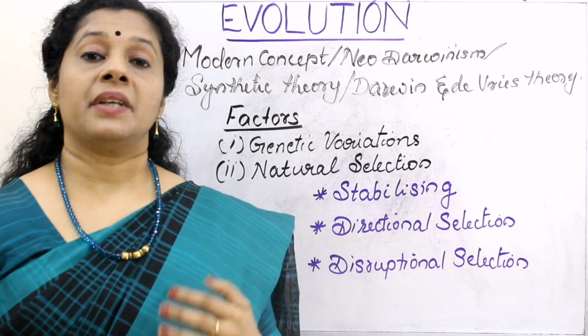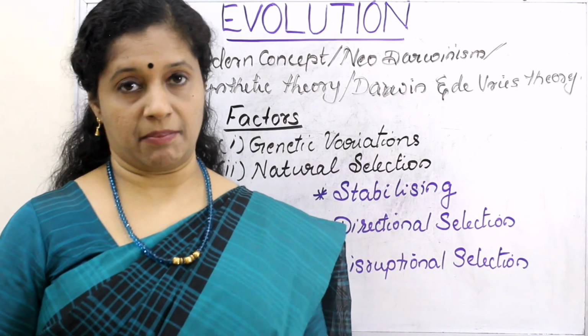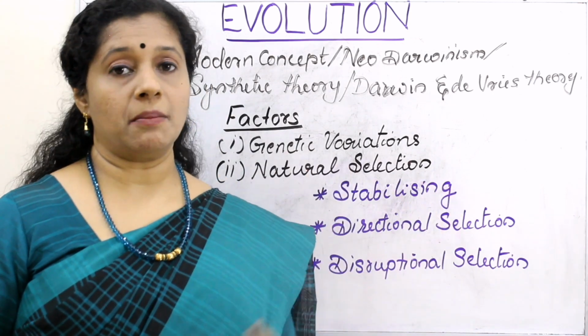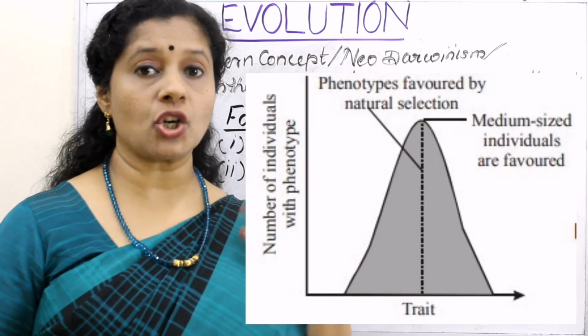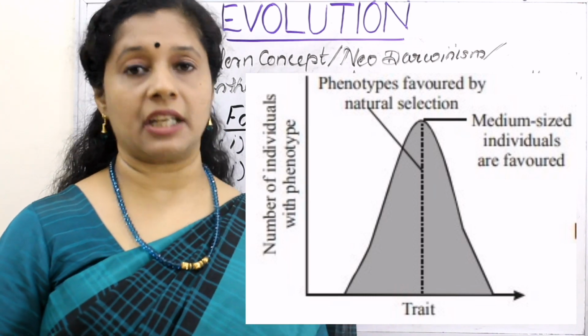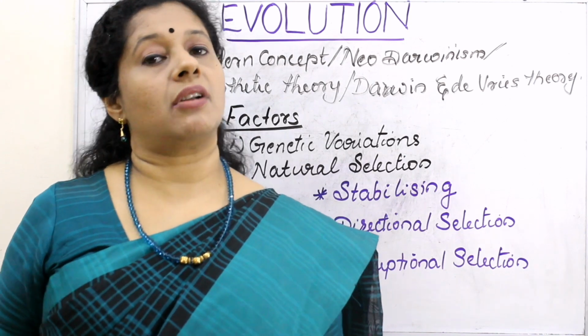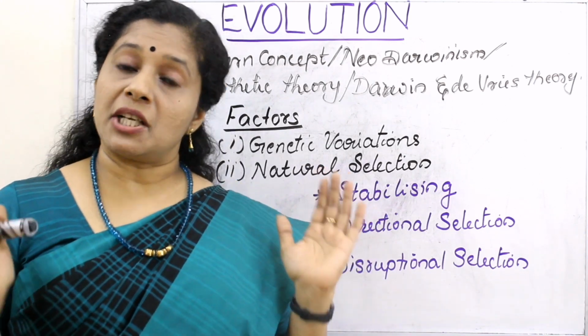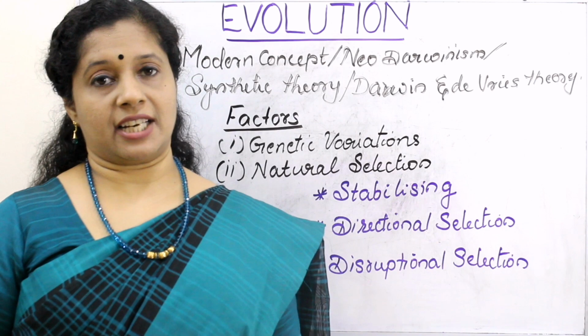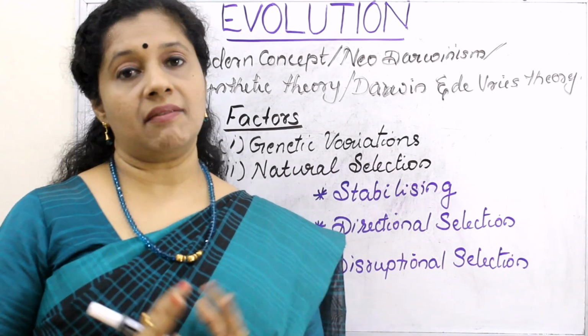For example, if you are taking the height of human beings, we know very tall people are there, 6+ feet. That's not normal, but a few of them are very tall. Some people are very short, maybe 5 feet or less. But the majority of people are in the average category. That is called the mean value.